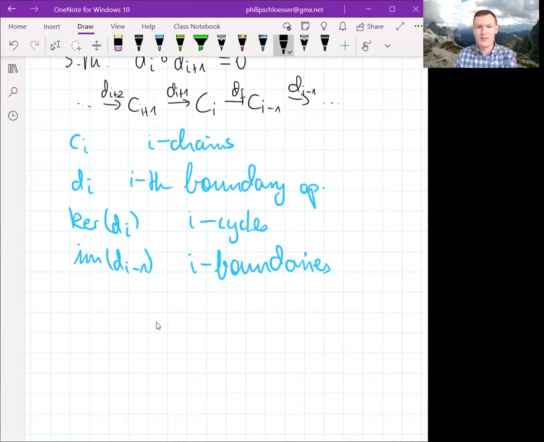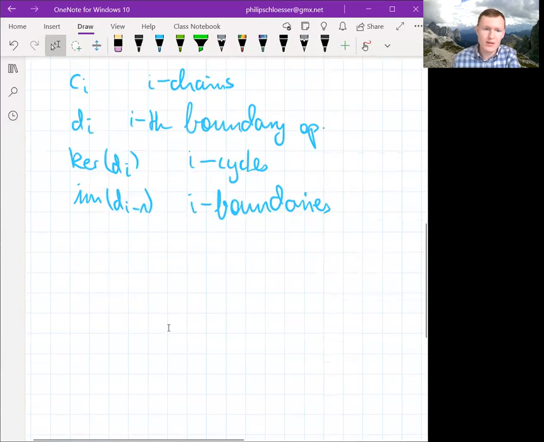The boundary operator associates with each simplex the linear combination of the faces of that simplex. Cycles are linear combinations of simplices that have no boundary, and boundaries are boundaries. But at this point, it's just a name.